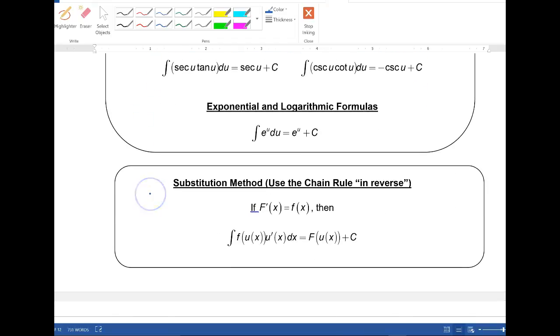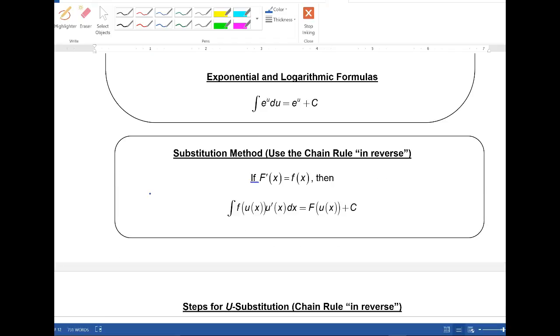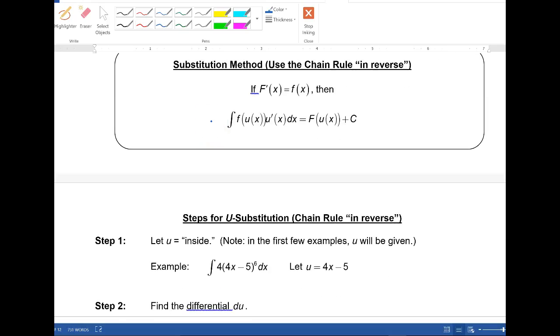So here's the substitution method. This is the chain rule in reverse. So basically, we have a function f of u of x, and then you'll notice here it says u prime of x dx. So when we take the antiderivative, we're just left with the antiderivative of this with the inside part.